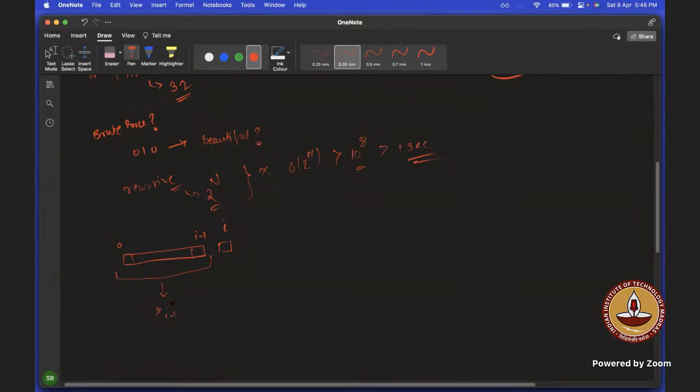our algorithm has given us this x I minus 1, which represents the possible beautiful subsequences till I minus 1. Now you come across a new ith element.